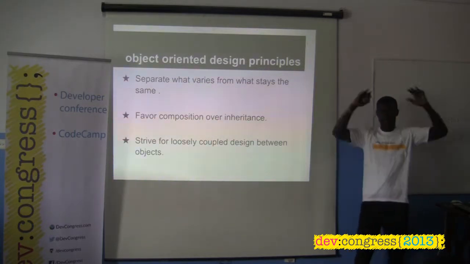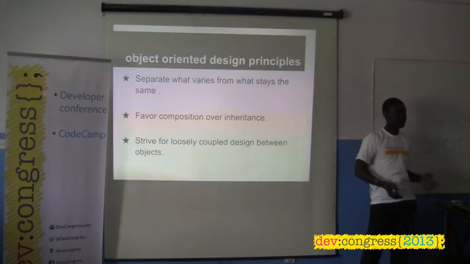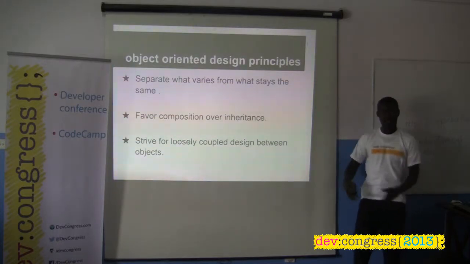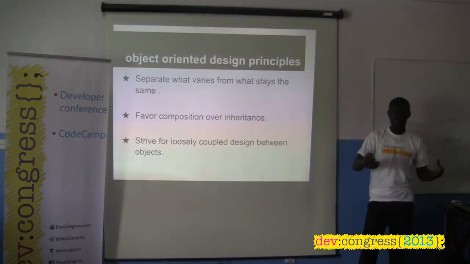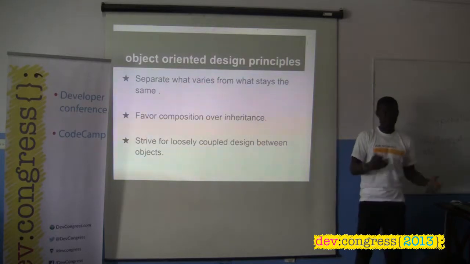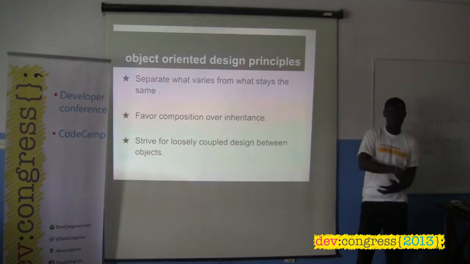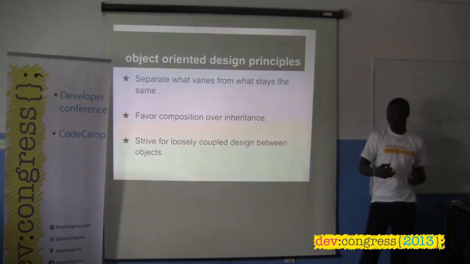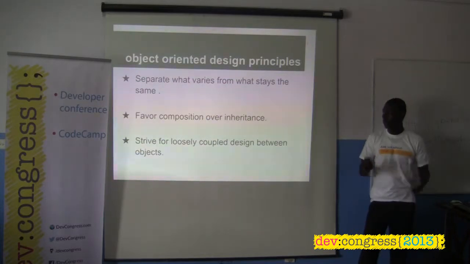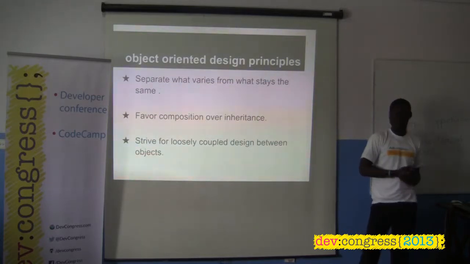Instead of having a superclass with all the attributes and methods that all the subclasses will inherit, you should look for the ones that vary and make them part of the subclasses, not inherited from a superclass, so that it is easy for changes to take place in the application. And then you should always strive for loosely coupled design between objects.